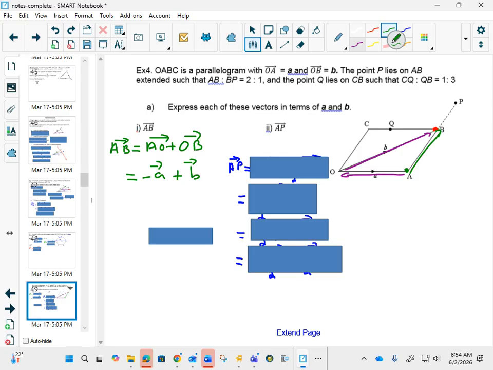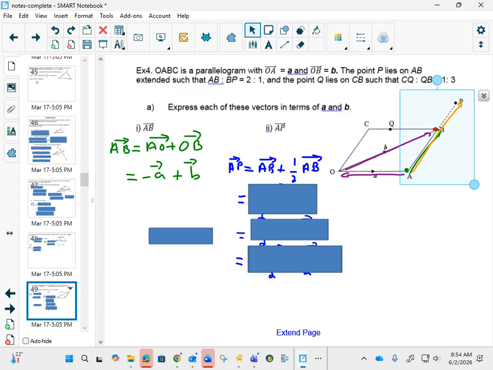So now if I want to go from A to P, I can go from A to B, and then this next part is halfway from A to B again, because of the ratio.